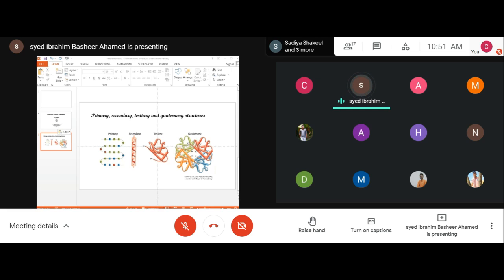Each and every protein comes from the sequence of the protein only. So this primary structure carries important information about the three-dimensional structure and about the function of the protein. So the primary structure is very important.